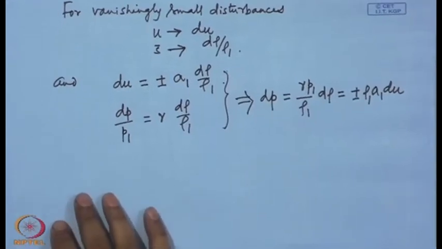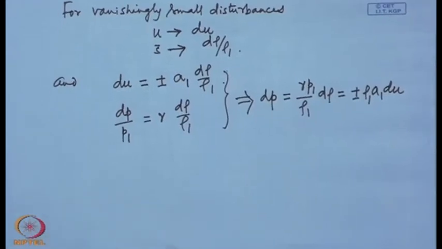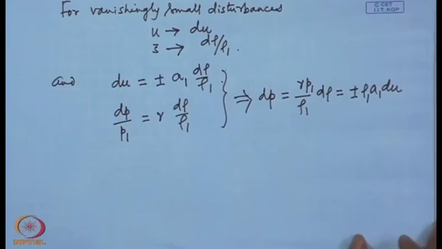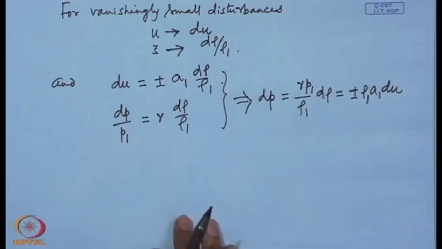Now, this solution of wave motion can be used to study some very important problems, and one such problem that we will be handling here is the shock tube problem.